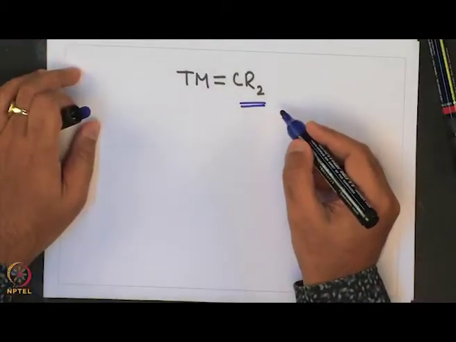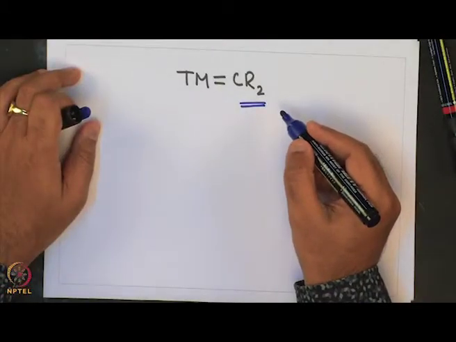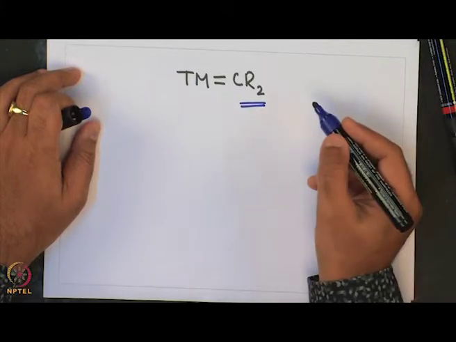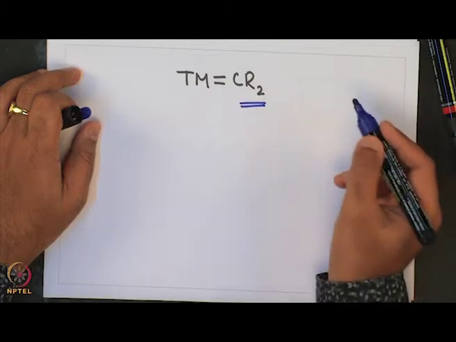Now, it may seem that this carbene moiety bound to a transition metal should be an effective reagent to be transferred onto other molecules.